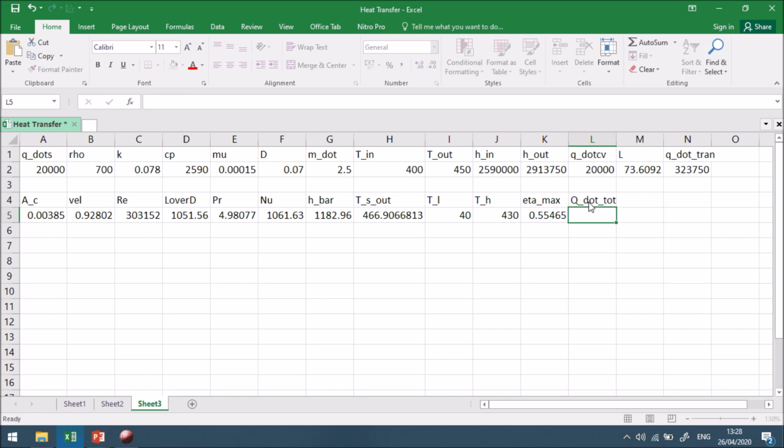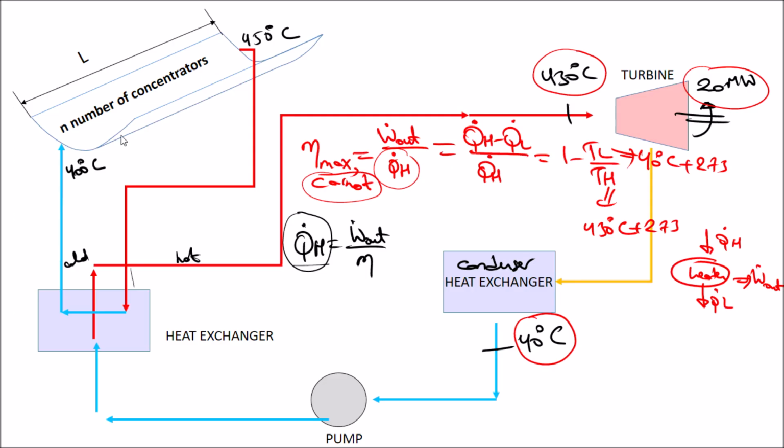Q dot total will be the work dot out, which is 20 megawatts, divided by eta. This amount of heat should be provided to get this amount of power.